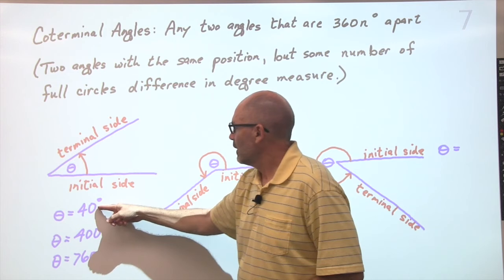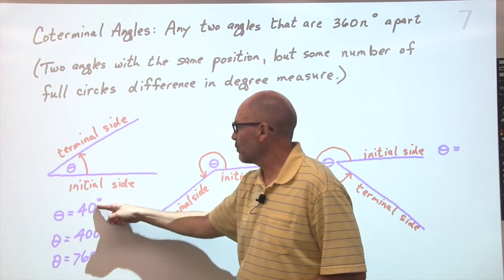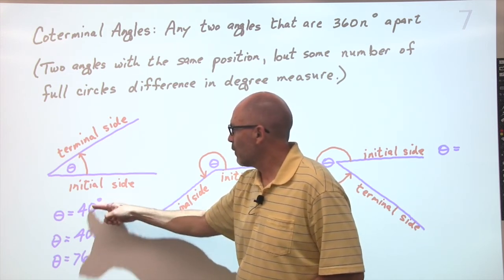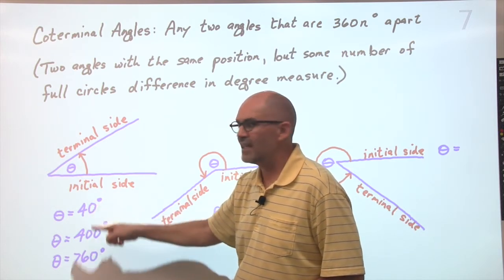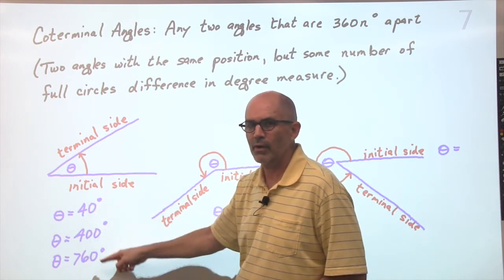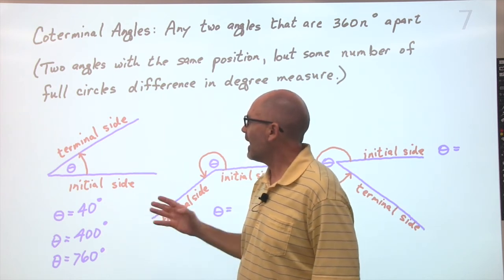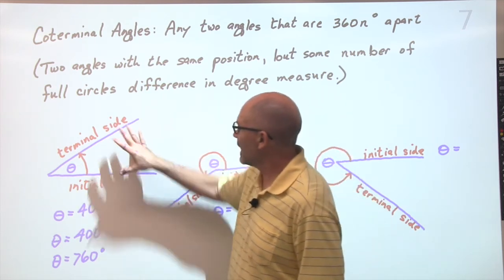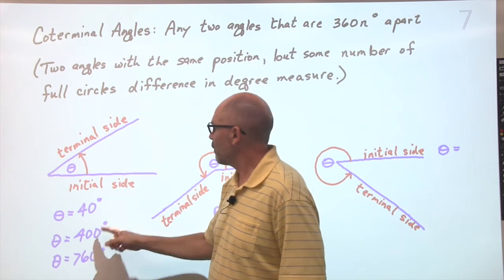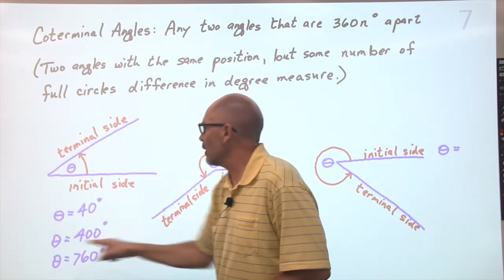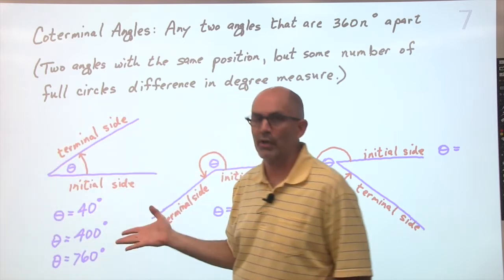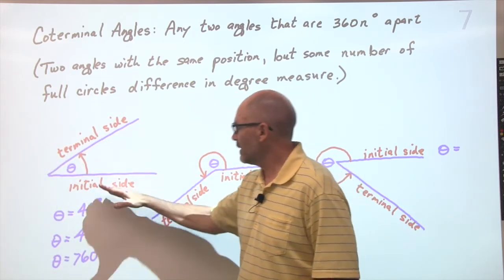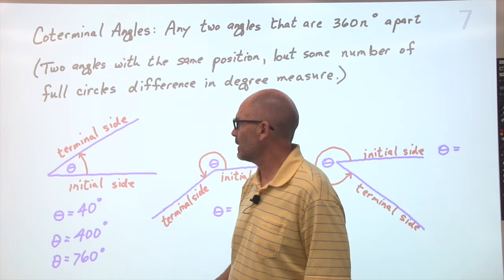So 40 and 400 are 360 degrees apart. 40 and 760 are 360 times 2 degrees apart. And they're basically in the same position, but the 400 has just spun around one more time, and the 760 has spun around 2 more times. So these are coterminal angles.